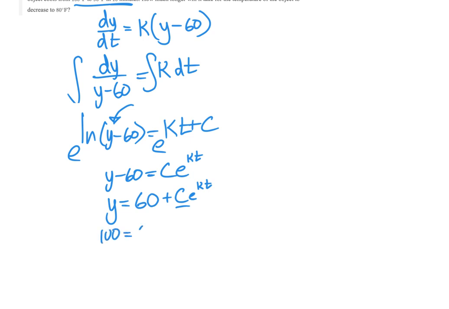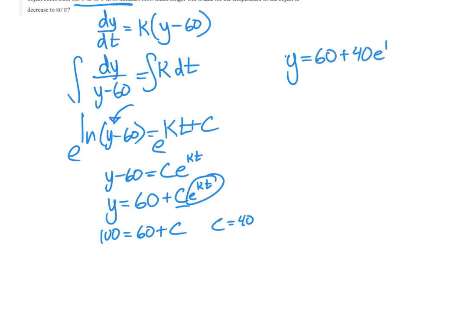So 100 equals 60 plus c e to the k times 0, and e to the 0 goes up to 1. That means c is 40. That's the difference between the temperatures. So now we have another piece of our equation. y equals 60 plus 40 times e to the kt.